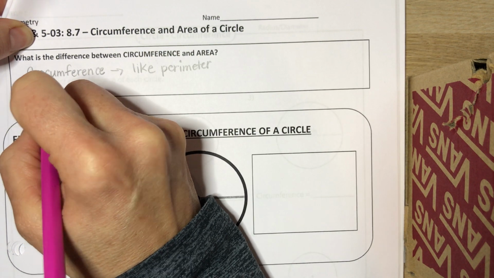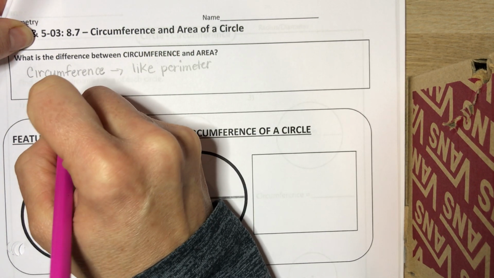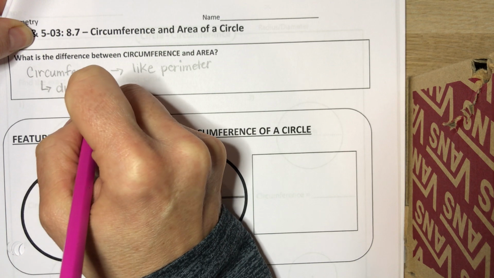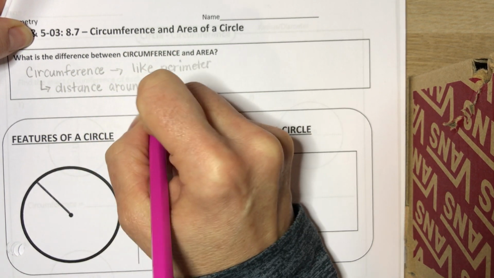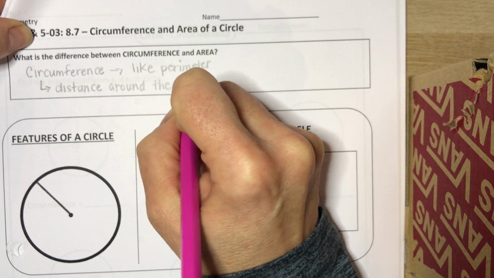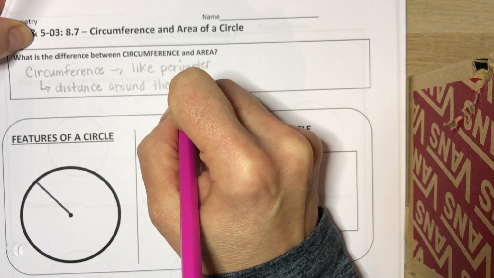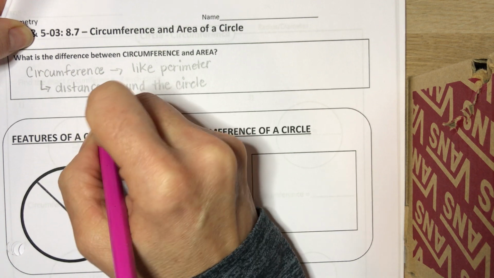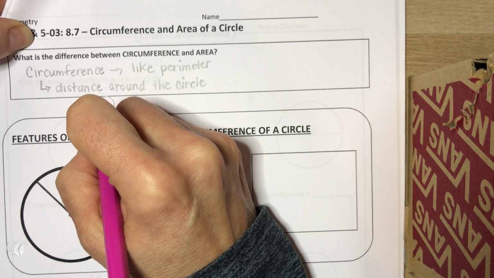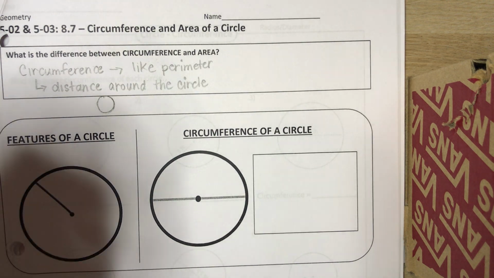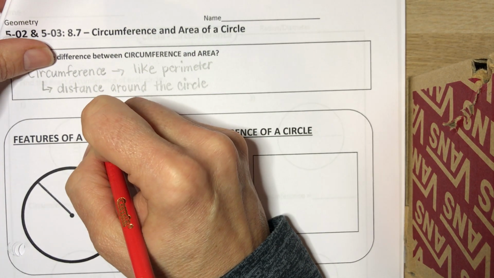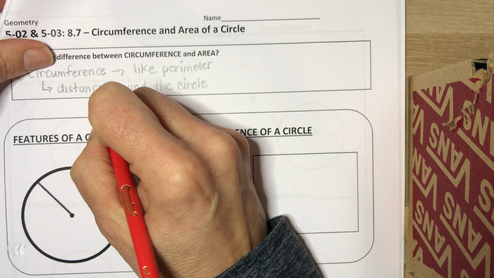It is the distance around the circle. So underneath here, I'm going to draw a circle. And if I was talking about the circumference, I'm talking about the distance around the circle.